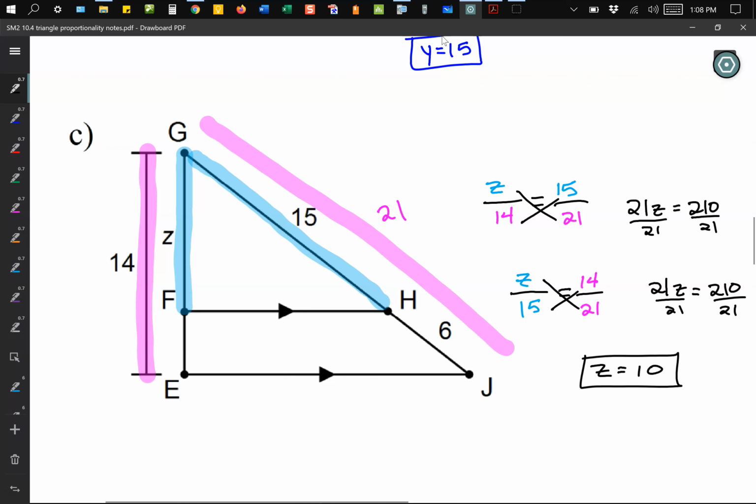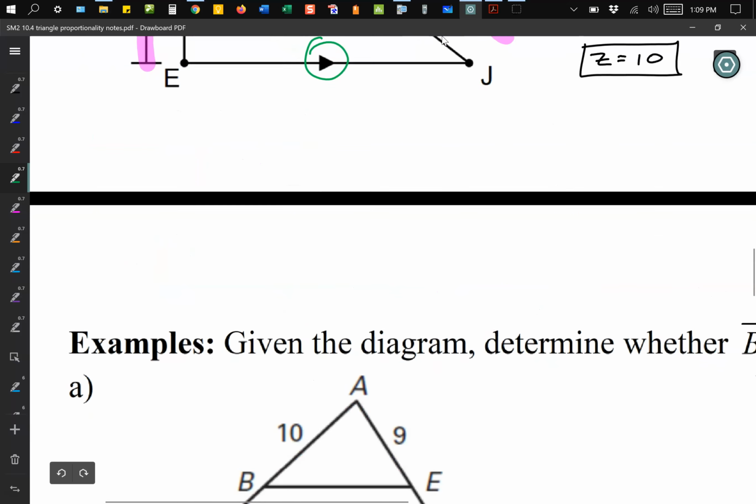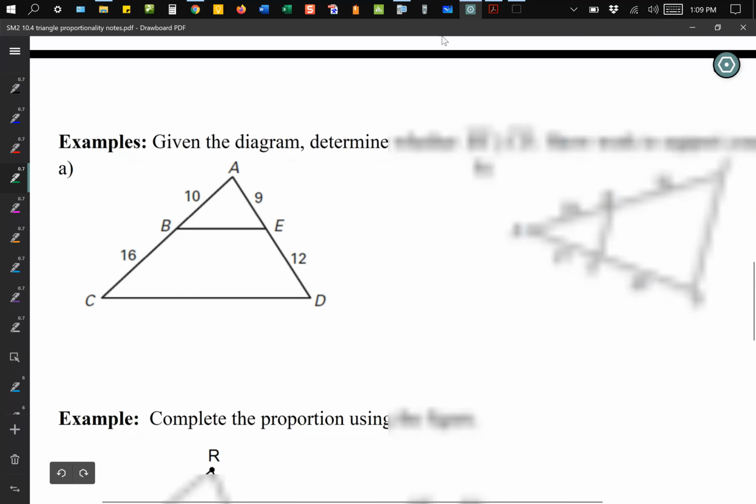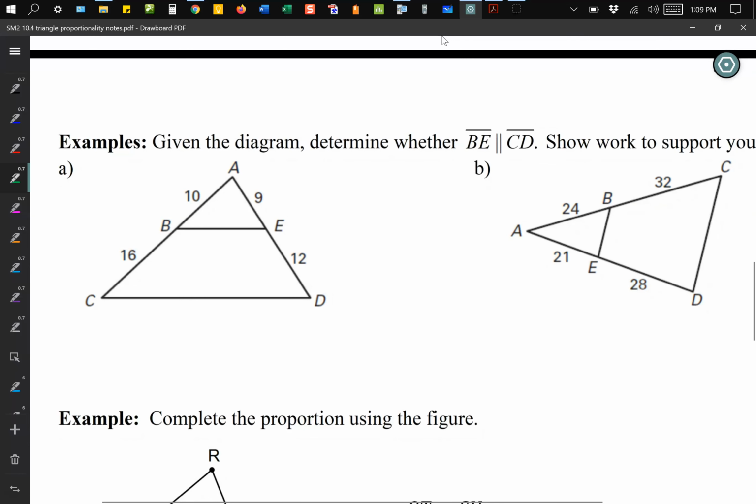All right, let's look at the next type of problem. So the next type of problem is a little bit different. On these problems, it told me that the segments were parallel. The next type of question is going to say, are the segments parallel? So on these, it's sort of like testing whether the triangles are similar.